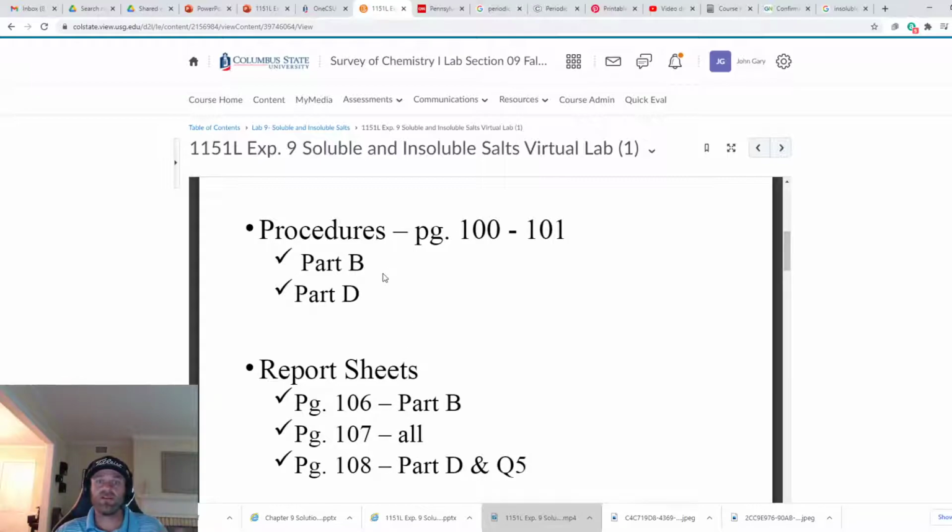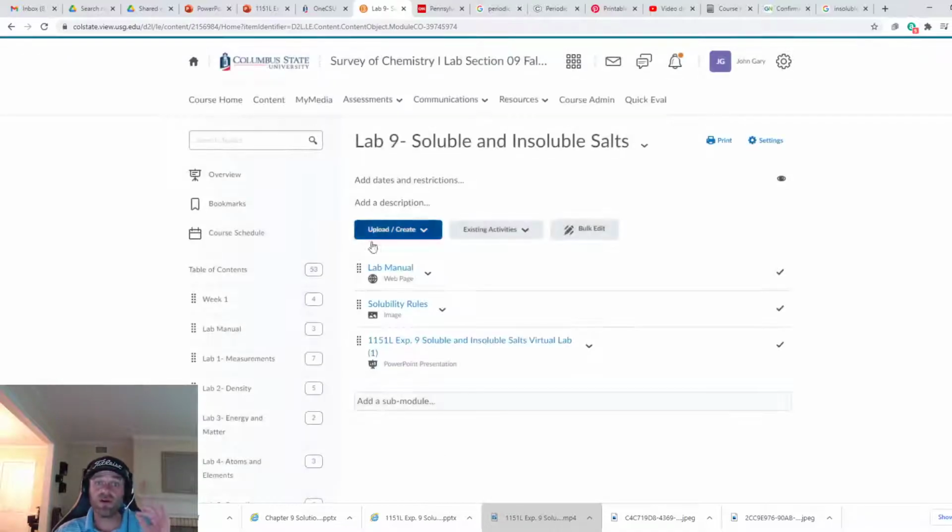We are leaving off procedures B and D, and from the report sheets, Part B, all of page 107 and page 108, Part D and Q5. So go ahead and go into your lab manual and mark those parts off. You don't have to do those.